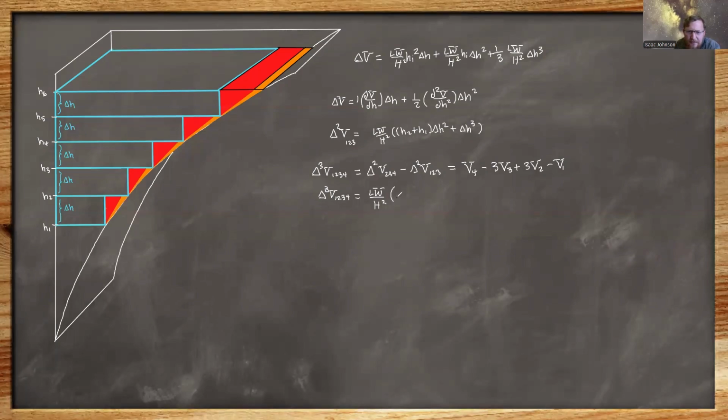We'll get to the same place. So we've got H3 plus H2 delta H squared plus delta H cubed. And then subtract the difference from 1 to 2 to 3, which we already have.